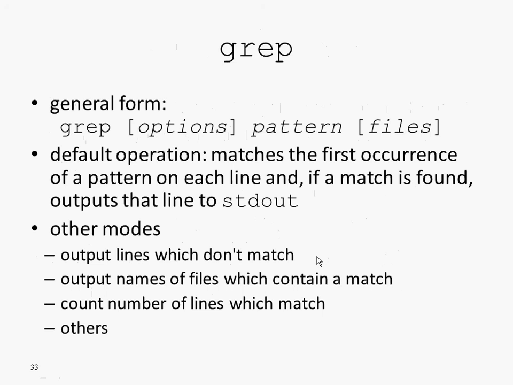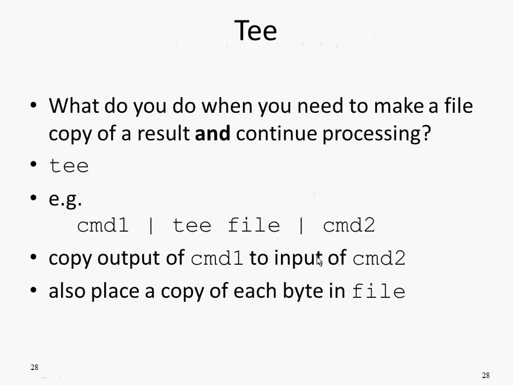So suppose that you instead had command 1, and then pipe command 2, and then into this file called file. What, ladies and gentlemen, is that going to be the same or different from that? How is it different?